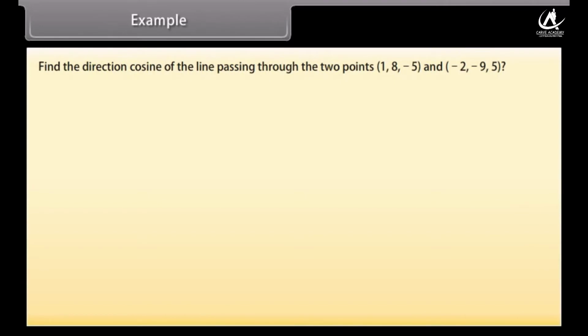Example. Find the direction cosine of the line passing through the 2 points 1, 8, -5 and -2, -9, 5. Solution.